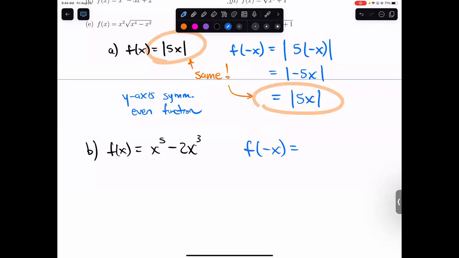So first do the plugging in part, the substitution, right? Where there's an x, replace it with negative x. What does that look like here? Negative x to the 5th power minus 2, and then in place of this x, I'm going to put negative x again. Now it's got a cube on it.